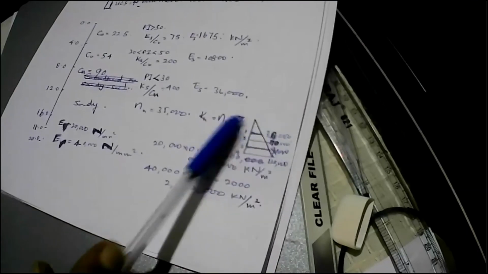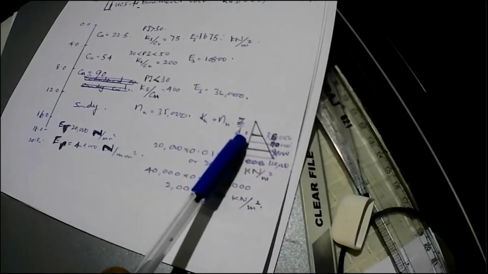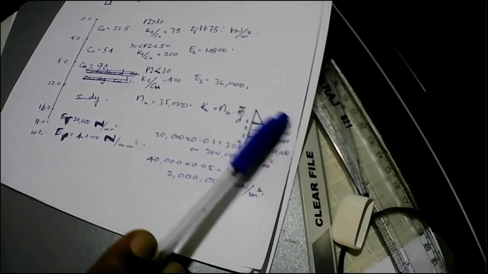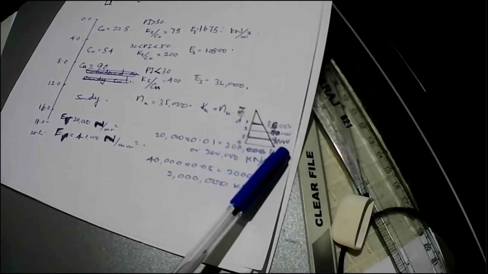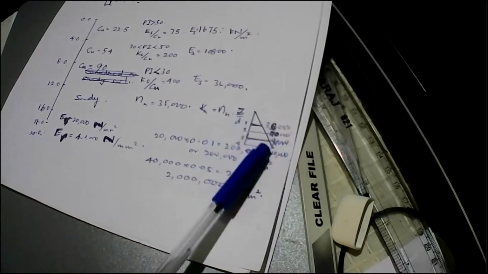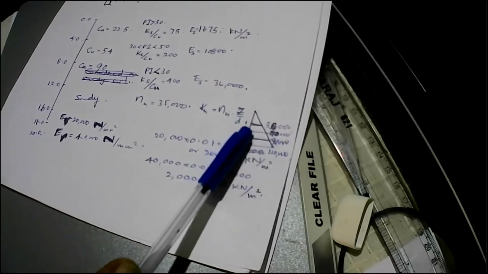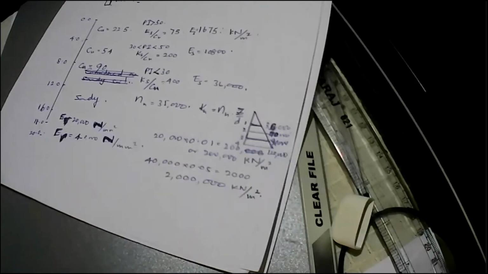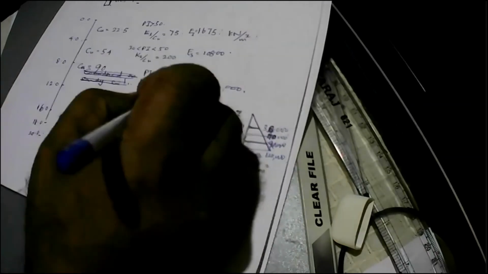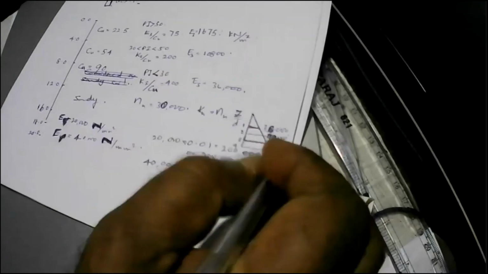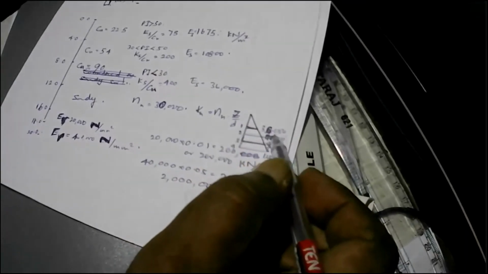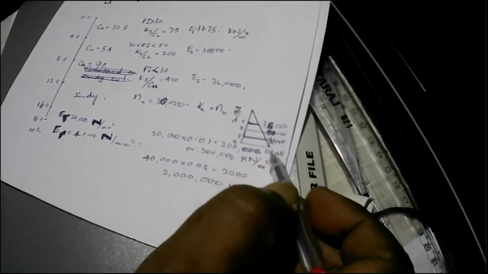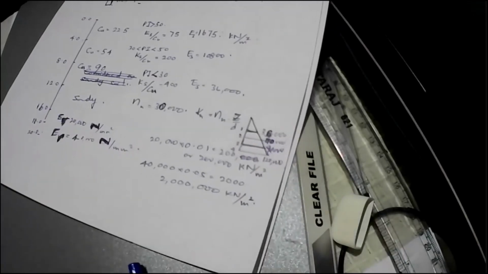And here for sandy soils, you will see that the spring constant is going to vary linearly with the height, and every 1 meter it's going to increase by a certain amount. So I have actually considered that this value is 30,000 every 1 meter it's increasing. So 30,000, 60,000, 90,000 and 120,000.